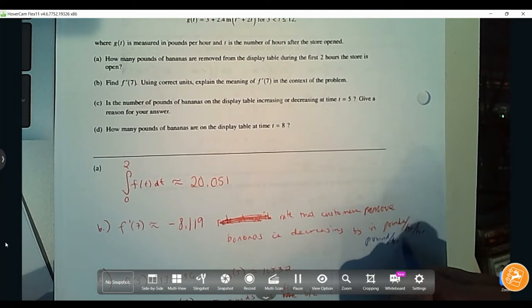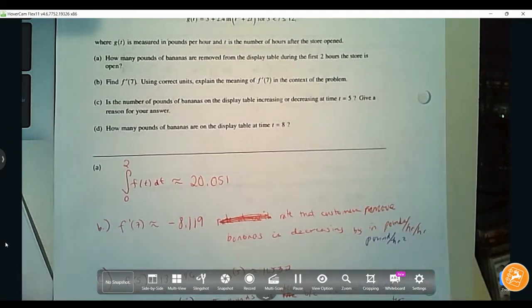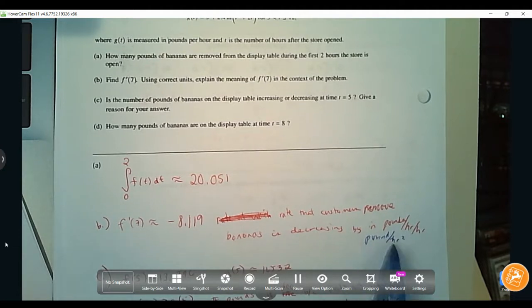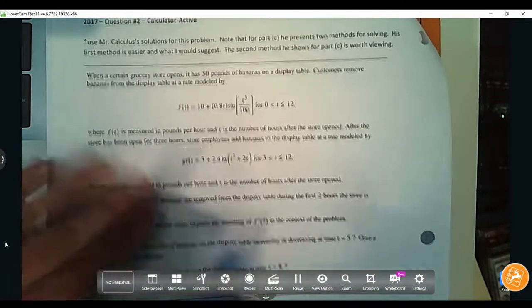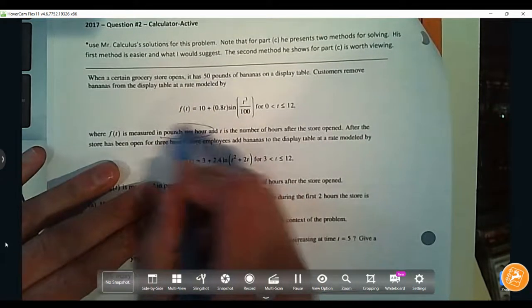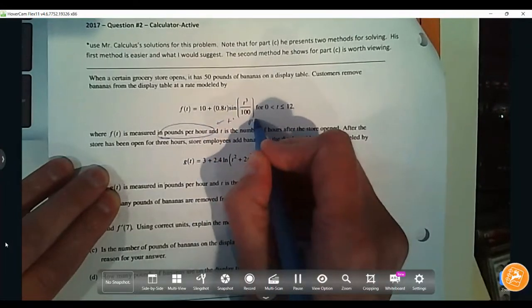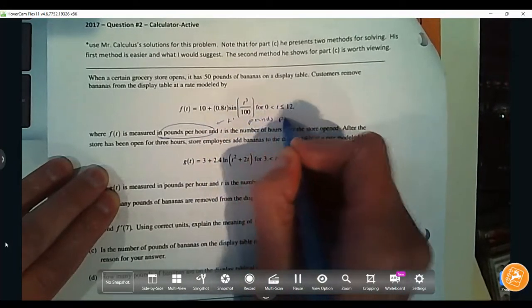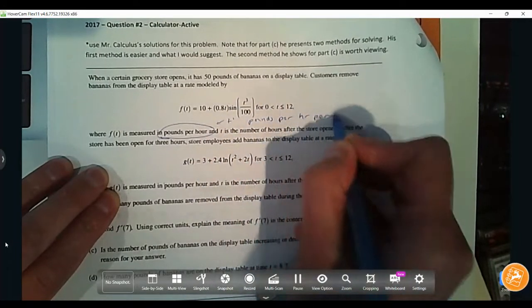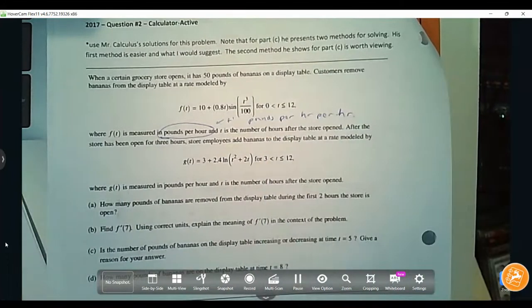Kind of like if you think of acceleration, you know how it's feet per second for velocity and then feet per second squared for acceleration for that derivative. So you could do pounds per hour squared, or you could do pounds per hour. And again, it doesn't have to sound nice. It can be kind of awkward here as long as it's correct. So since this is measured in pounds per hour, if you do the rate of change of this, then it's going to be pounds per hour. Sounds awkward, but it is technically correct. So just to make you aware of that.